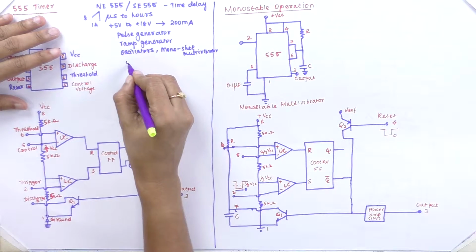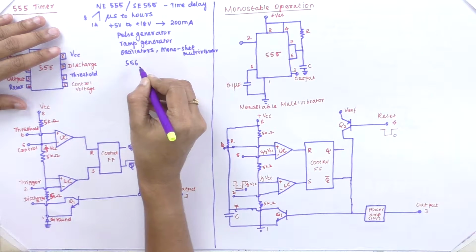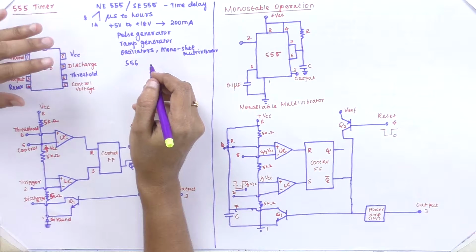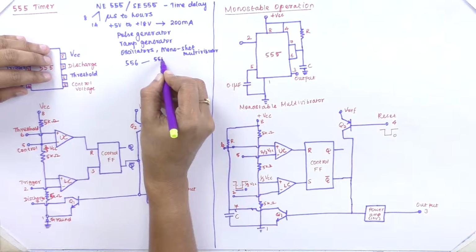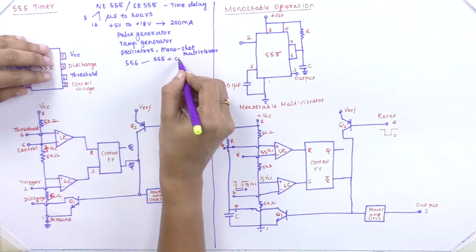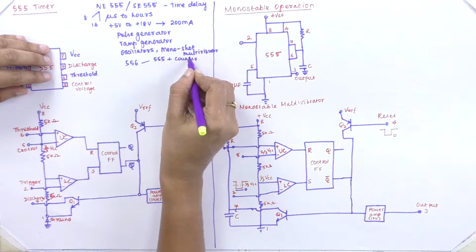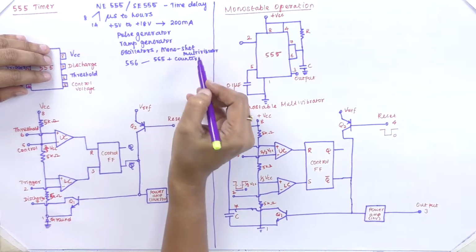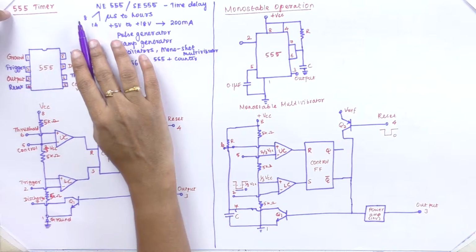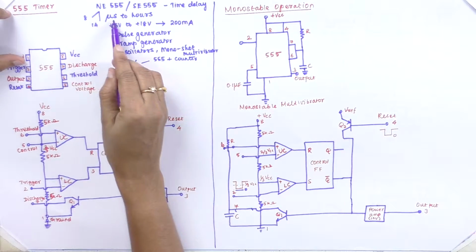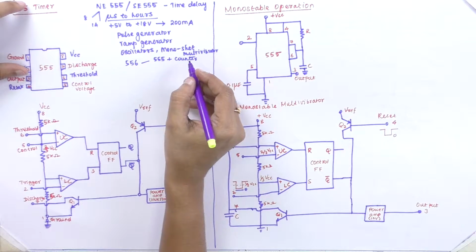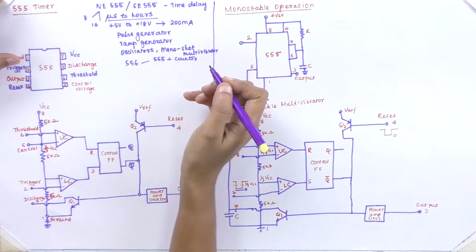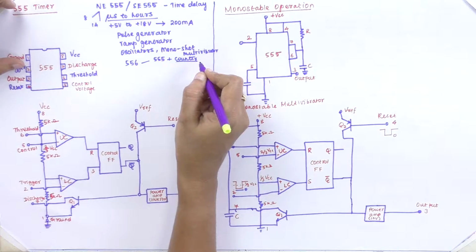For example, the 556 timer is also a kind of timer. It has the 555 timer built in, along with counters. With the 555 timer, the time delay ranges from microseconds to hours, whereas in this case it is from hours to days.